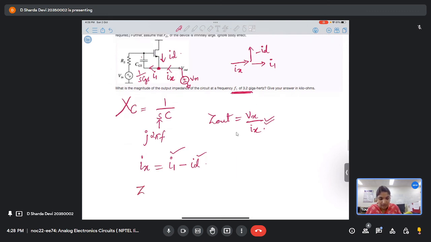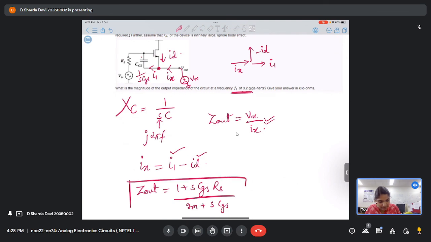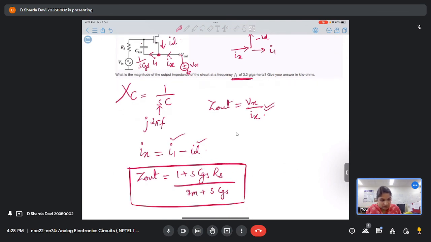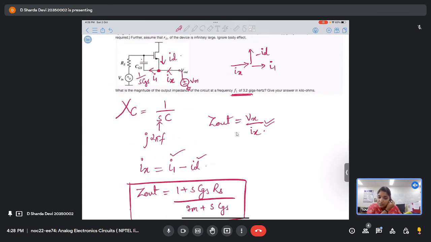So I'll give you the expression that you will get. It is 1 plus sCGS RS by gm plus sCGS. This is what you will get as your Zout. The moment you try and solve, how do we write ID? ID we write as gm VGS plus gd VDS.